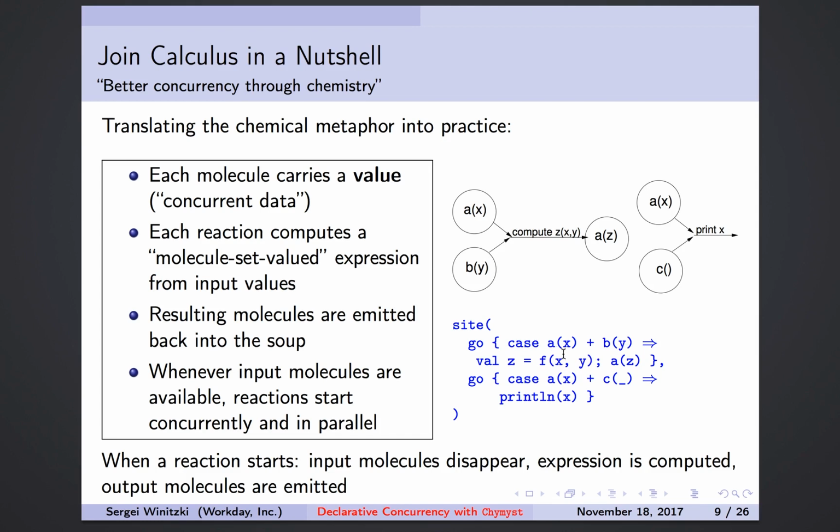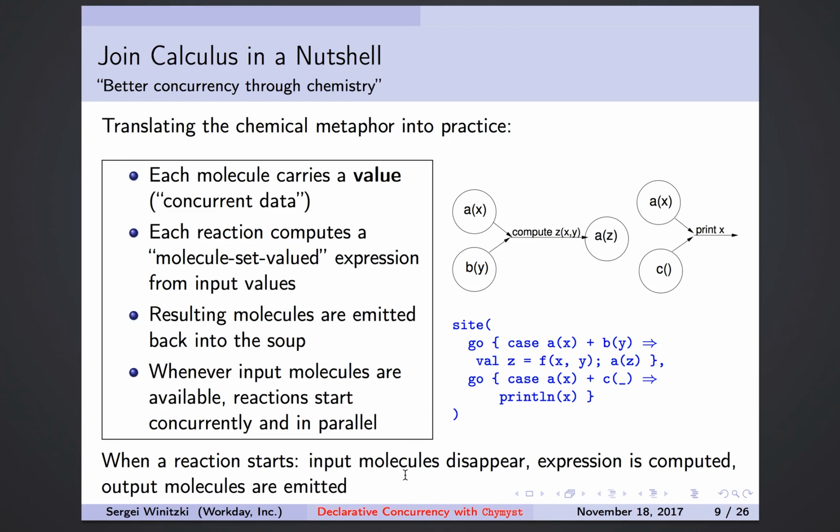The body is then run, asynchronously and in parallel with any other such reaction body. And when the body of the reaction specifies that the molecule needs to be emitted, then this molecule is put back into the soup. So another instance of A carrying a value Z is created and returned to the soup.